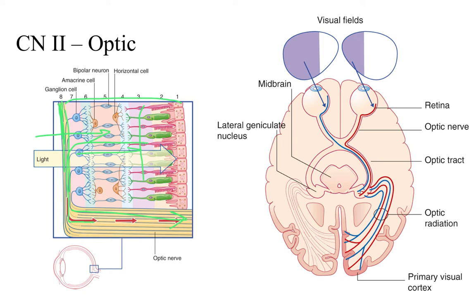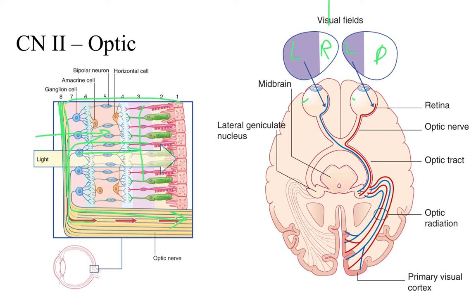And the way this works is anything in your left field of vision goes to the nasal side of the left eye and the temporal side of the right eye to give you your left field of vision. And anything that is in the right field of vision is going to go to the temporal side of the right eye and the nasal side of the left eye.